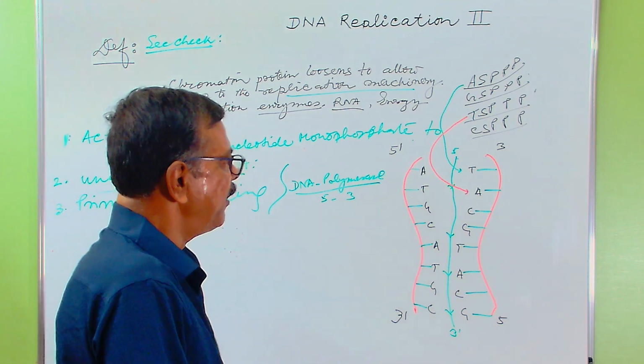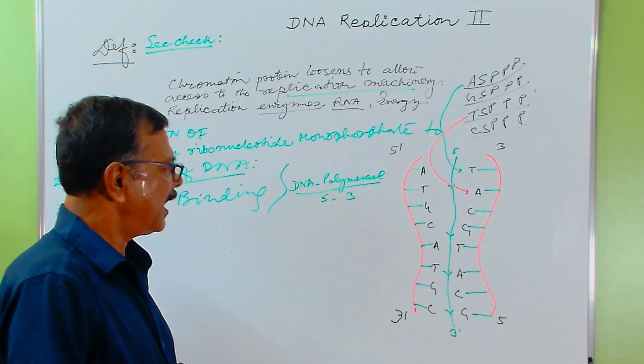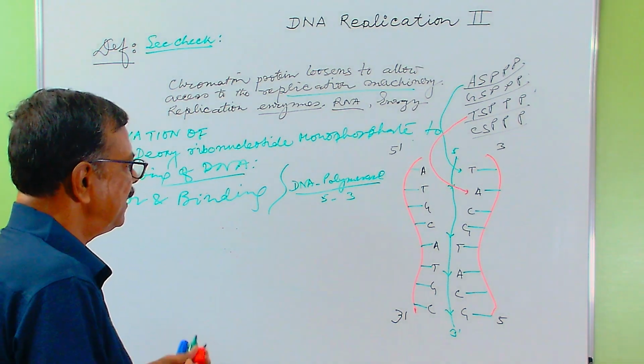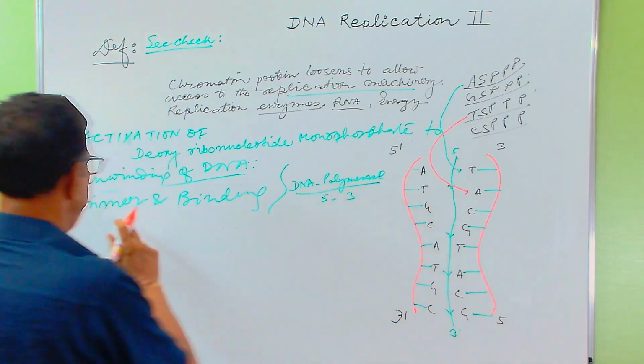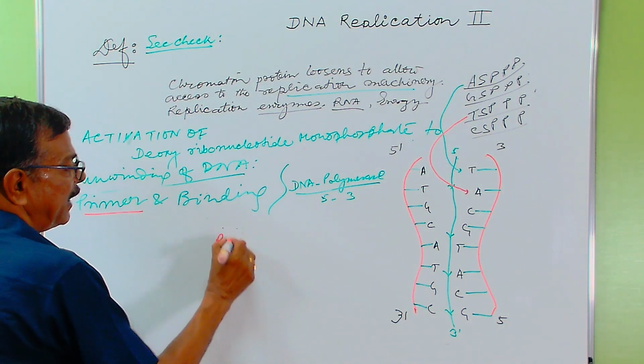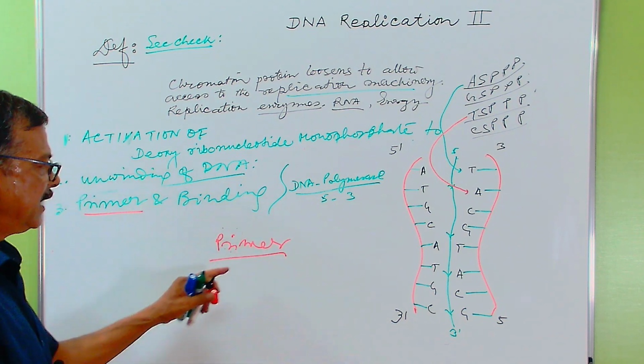But they do not know where to start from. So it is the RNA primer. Actually, it is known as primer. I have written primer, and this is actually RNA primer. These primers are formed by the replication machinery.